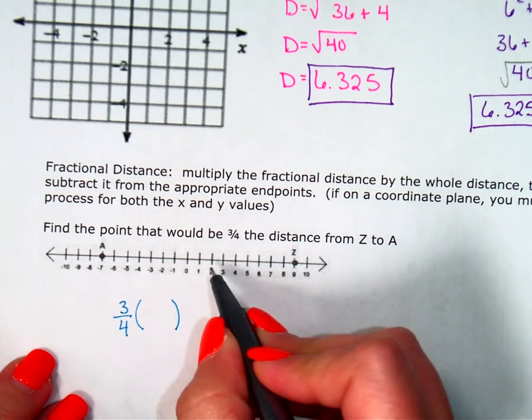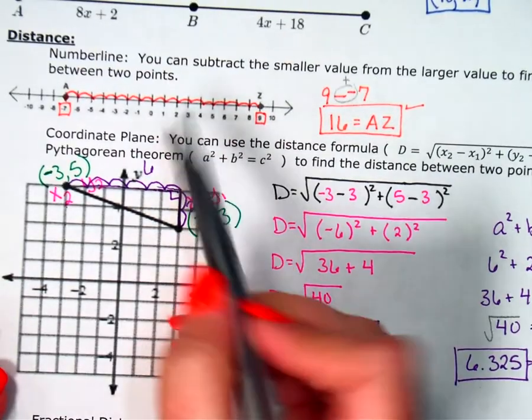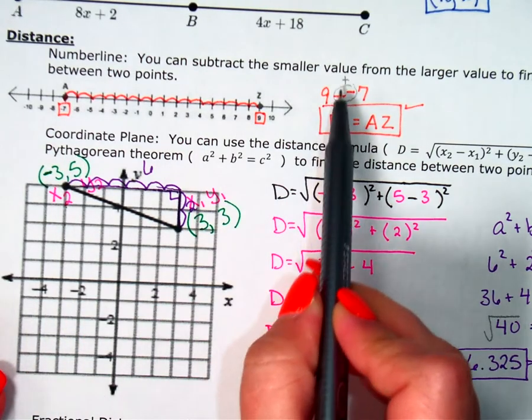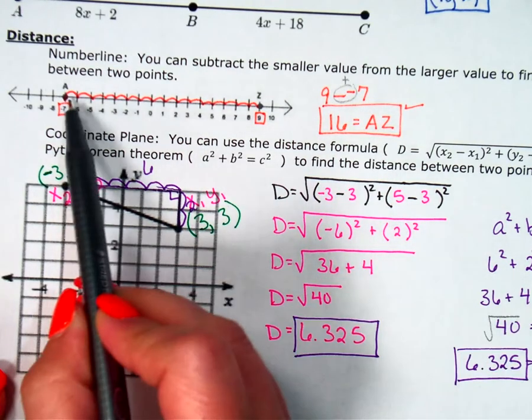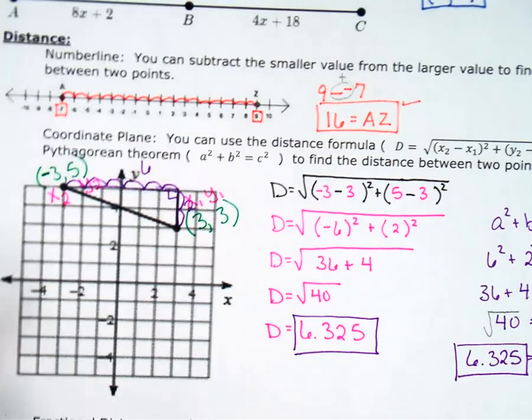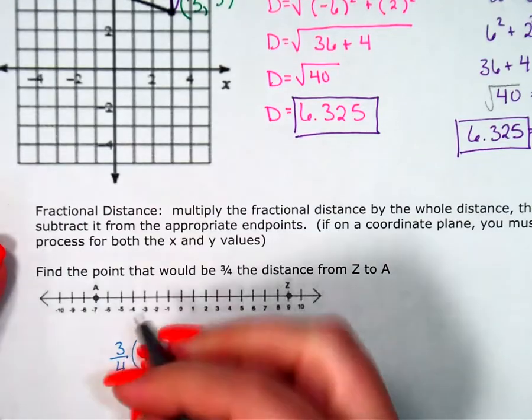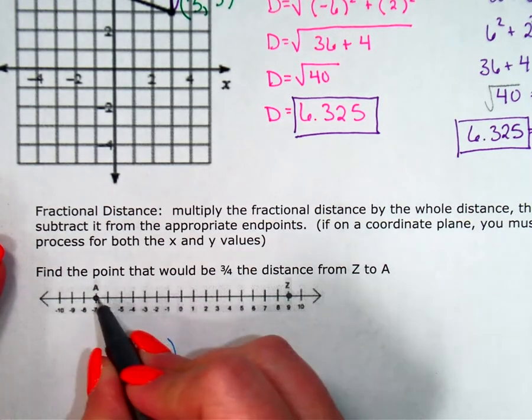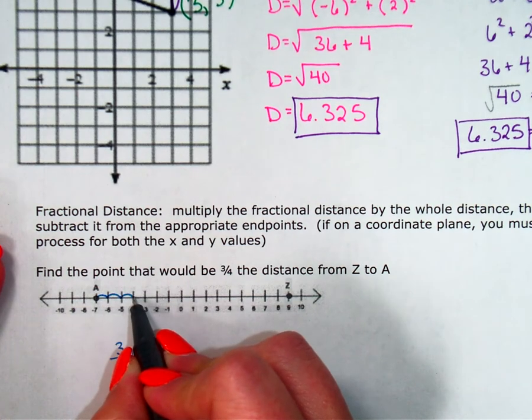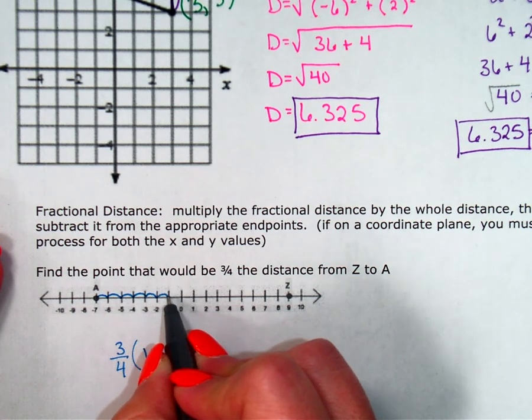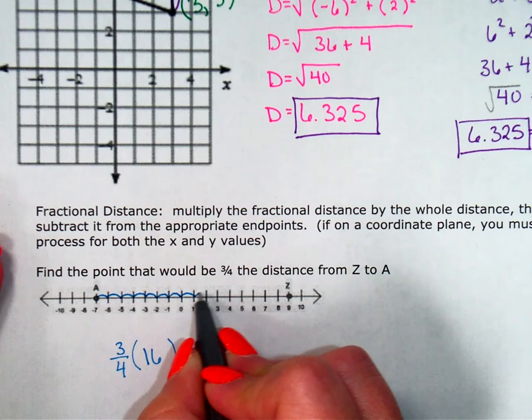And we already did this one. This was the one that we looked at up here, where my distance, we did 9 minus -7, or you could count either way, and we got a total distance of 16. So again, you can either subtract or you can count to get your 16 from A to Z.